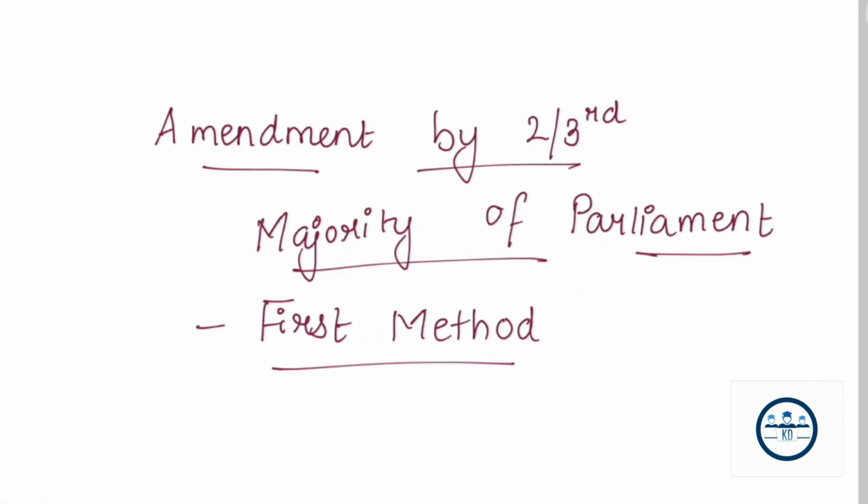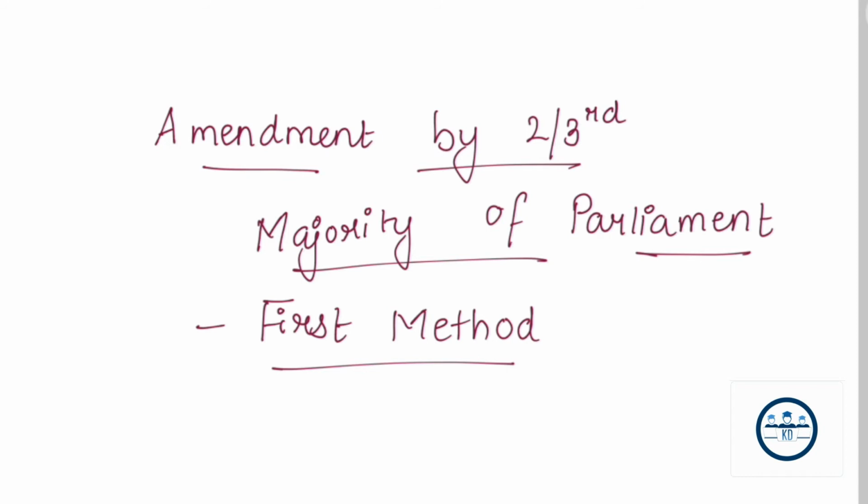So first we are looking into amendment by two-thirds majority of Parliament. Most parts of the Constitution, with the exception of some specific provisions, can be amended by this method. Under this method, the Constitution can be amended by the Union Parliament alone.